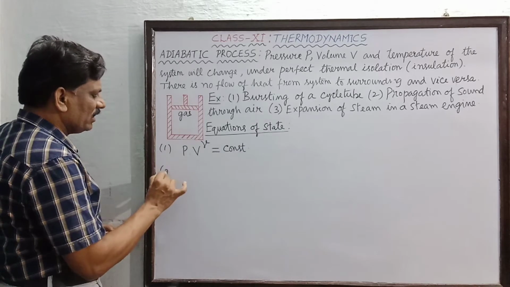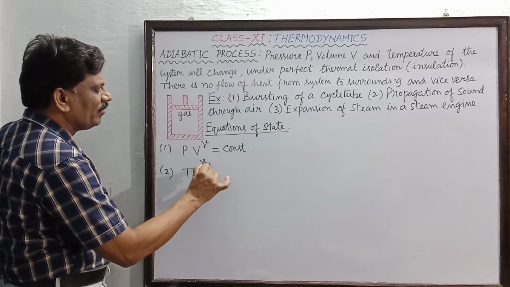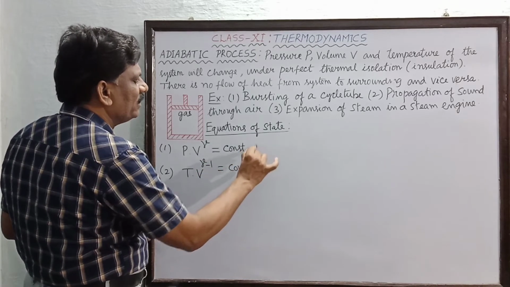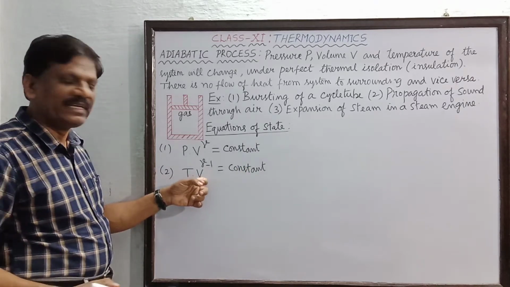Second equation is temperature T into volume V raised to the power gamma minus 1 is equal to a constant. This relates the temperature and the volume of the gas.